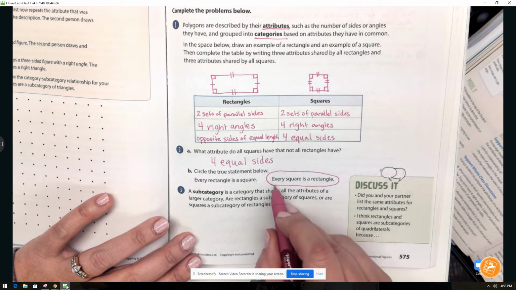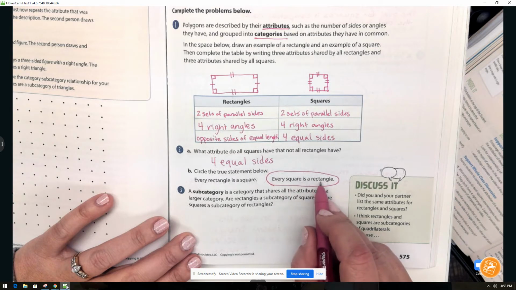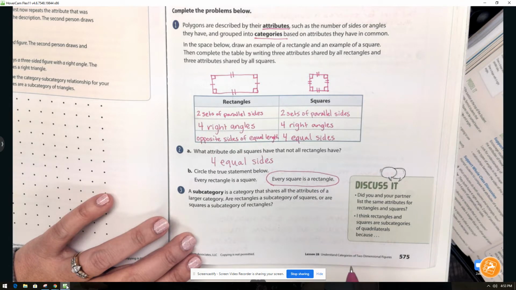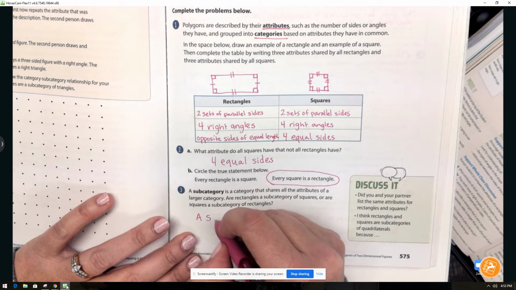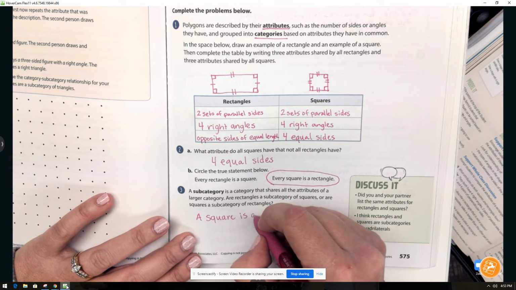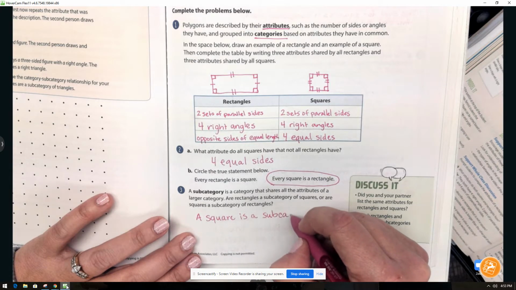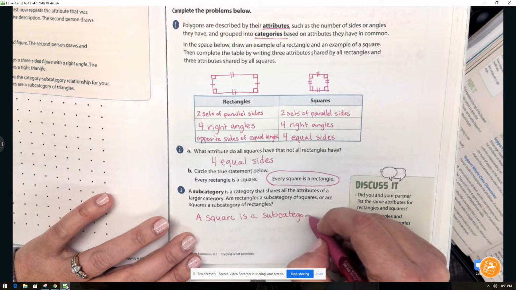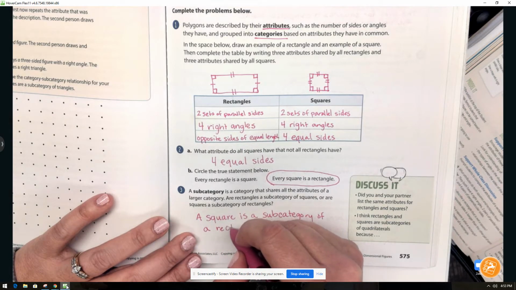Since we know that every square is a rectangle, that means that a square is a subcategory of a rectangle, because all squares are rectangles. So a square is a subcategory of a rectangle.